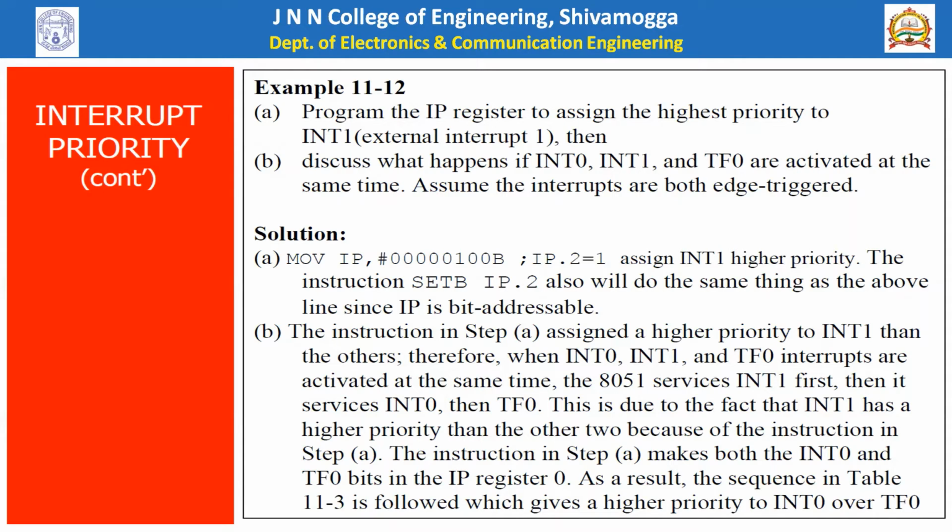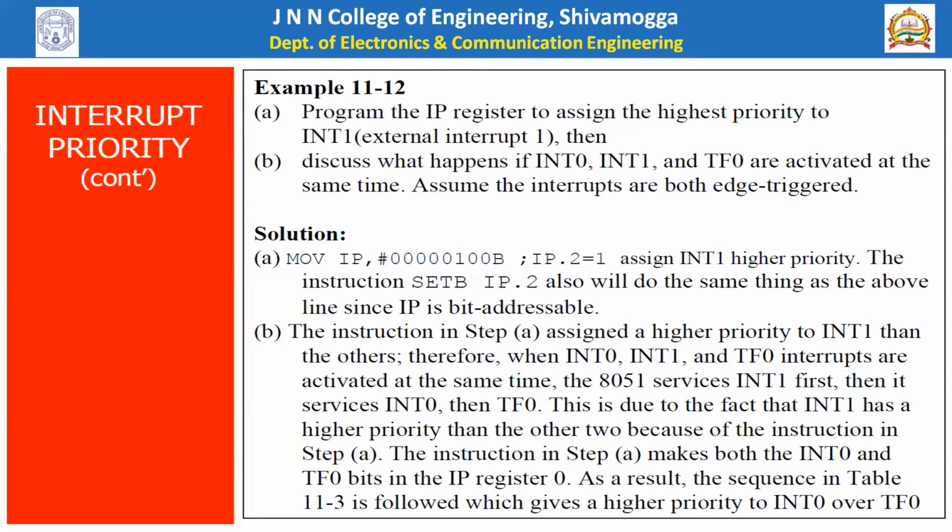Therefore, when INT0, INT1, TF0 interrupts are activated at the same time, the 8051 services INT1 first, then it services INT0, then TF0. This is due to the fact that INT1 has a higher priority than the other two because of the instruction whatever you have used in step A. So instruction step A makes both the INT0 and TF0 bits in the IP register 0.